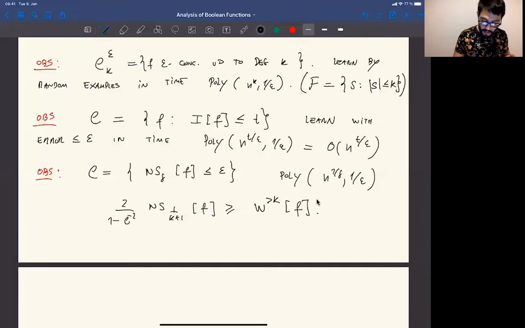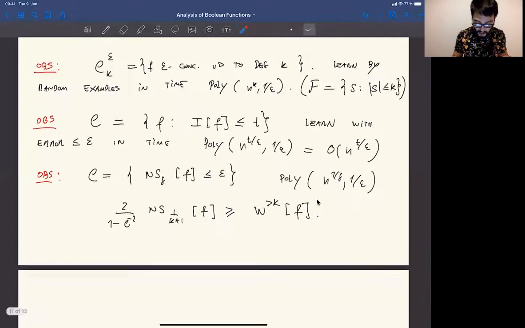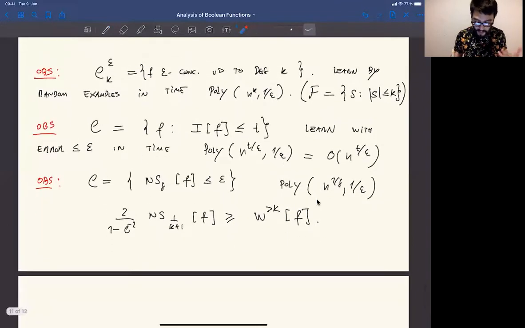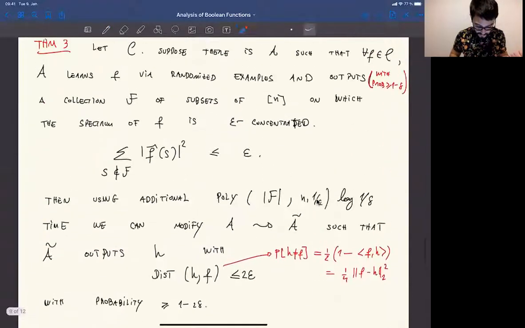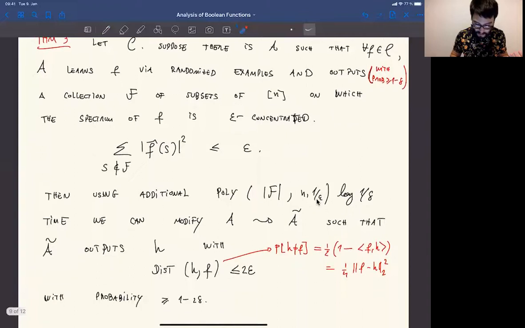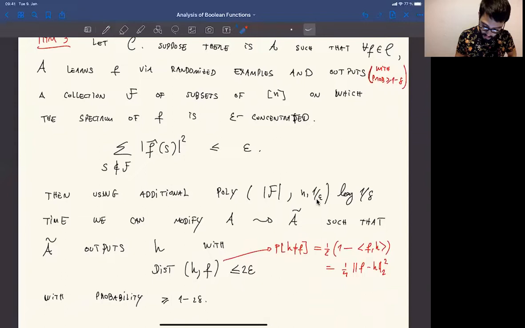And to finish, I just want to mention some more. This I learned because I have theorem 3, and actually in theorem 3 we didn't use random examples.